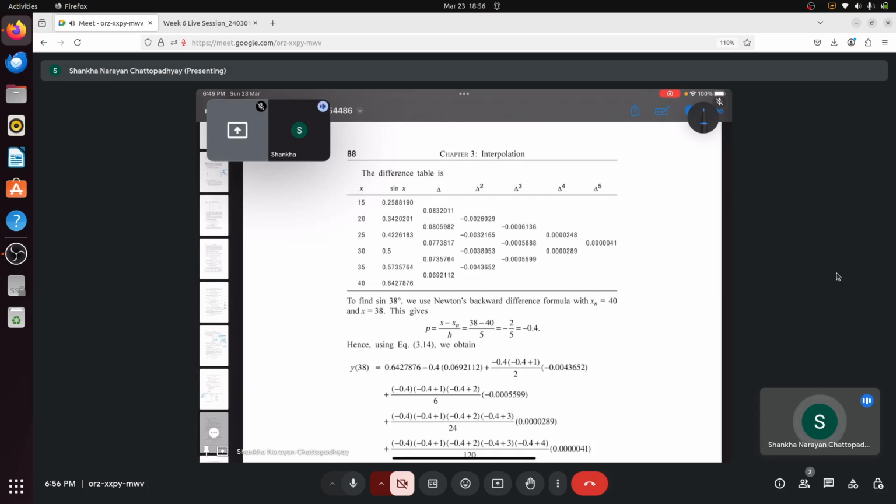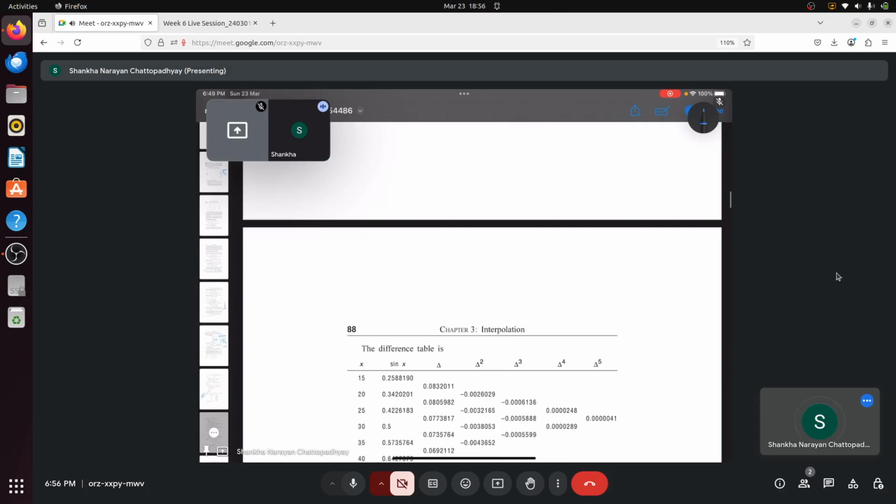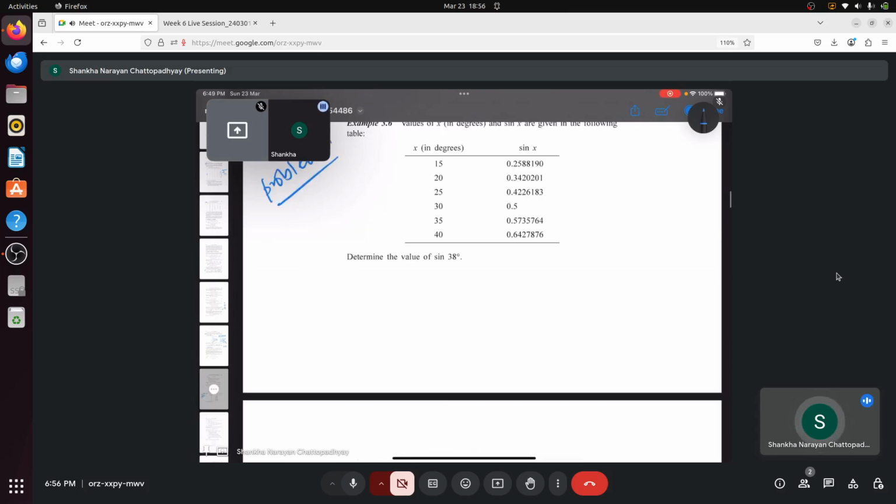You need to calculate the difference table, but here see, this 38 degree is close to 40, so you will use the backward difference formula.